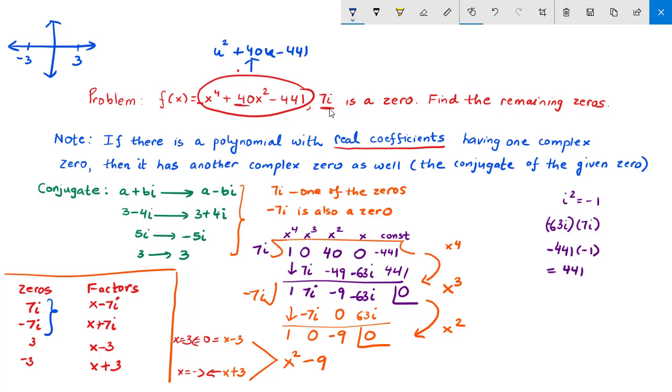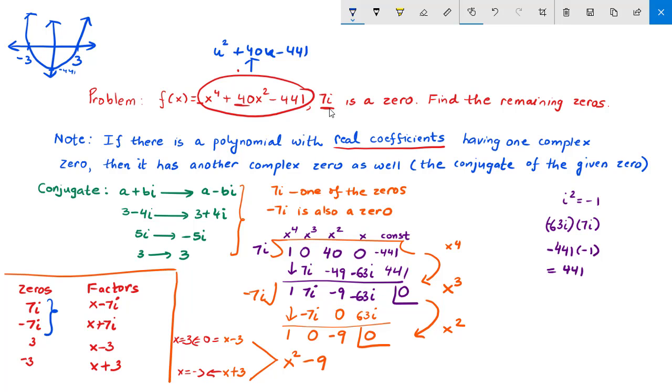Even if you don't know this is an even function, that's fine, but it is like a u-shaped function with the y-intercept at negative 441, so somewhere here. It crosses negative 3 linearly, it crosses 3 linearly, and it has a u form because it resembles a quadratic function. So that's how the graph of this function will look.